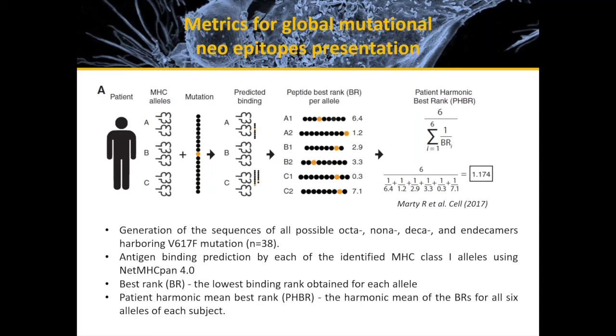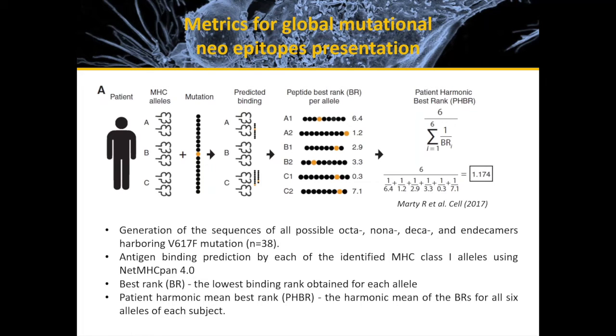First, we generated the sequences of all possible octamers, nonamers, decamers, and undecamers harboring the JAK2 V617F mutation, and we identified 38 different peptides. Then this set of peptides was subjected to antigen binding prediction by each of the identified HLA class 1 alleles using the NetMHCpan 4 server.